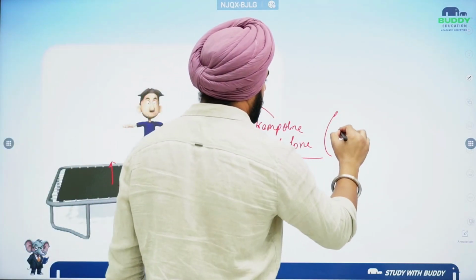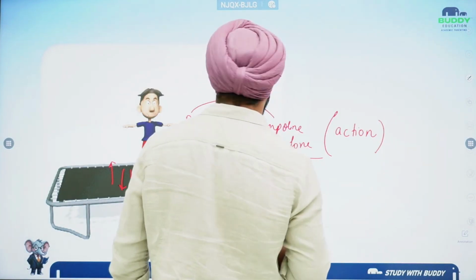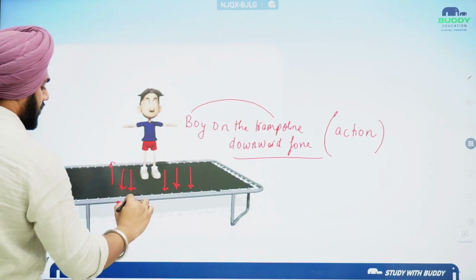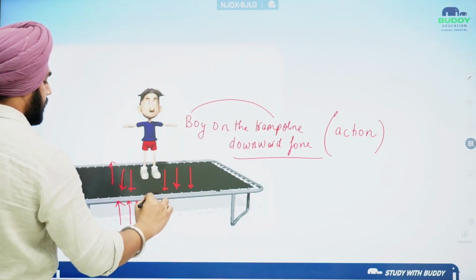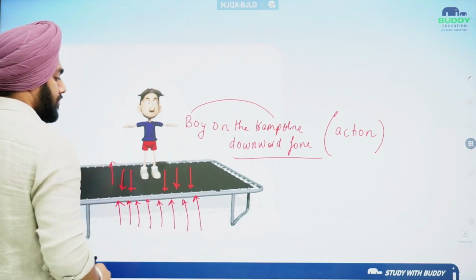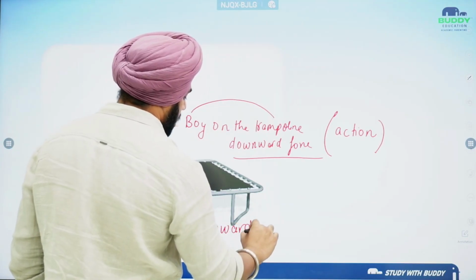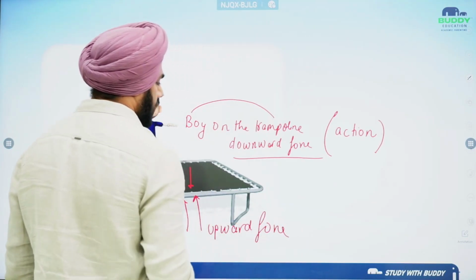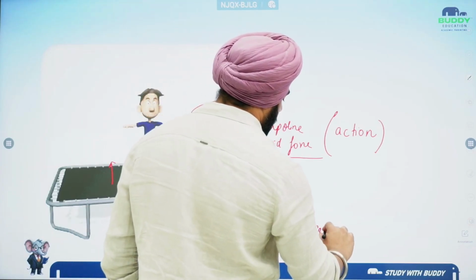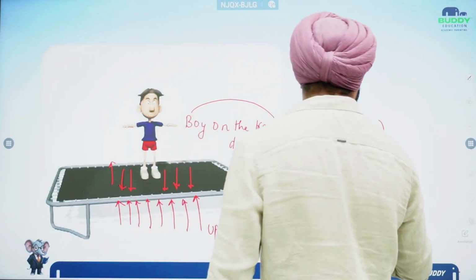This is considered to be the action. The trampoline exerts an upward force on the boy.